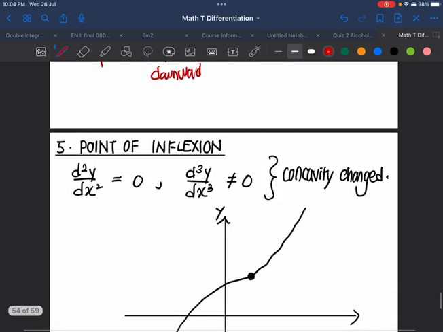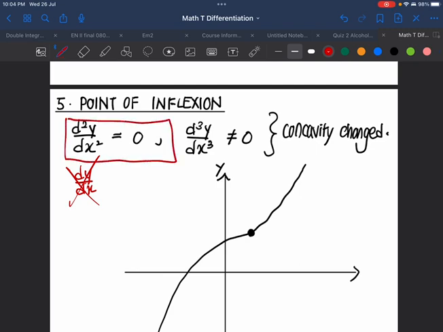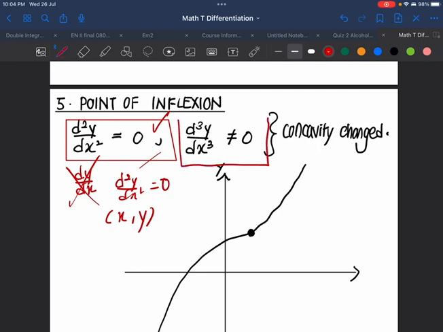So for the point of inflection, to find it, we do not analyze dy dx. That is not important here, but we analyze the d squared y dx squared, that means the second derivative of the function. When we want to find the point of inflection, we set d squared y dx squared equal to 0, and we find the x value and y value. However, if we only satisfy one of the conditions, that is not enough. We need to satisfy the second condition.